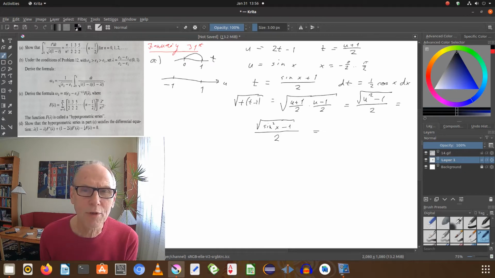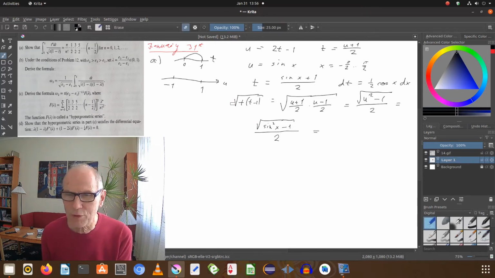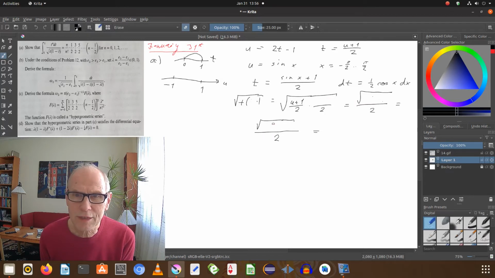That's the point. It's 1 minus t. We have to correct it because it's just changing the sign, so it shouldn't be so difficult after all.